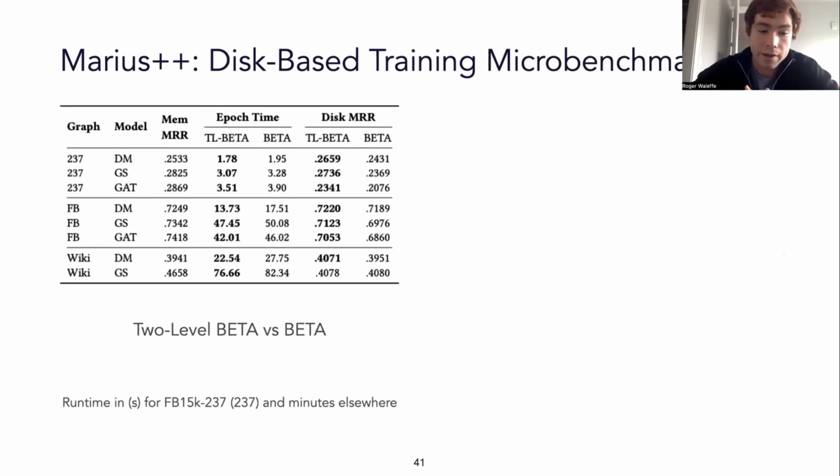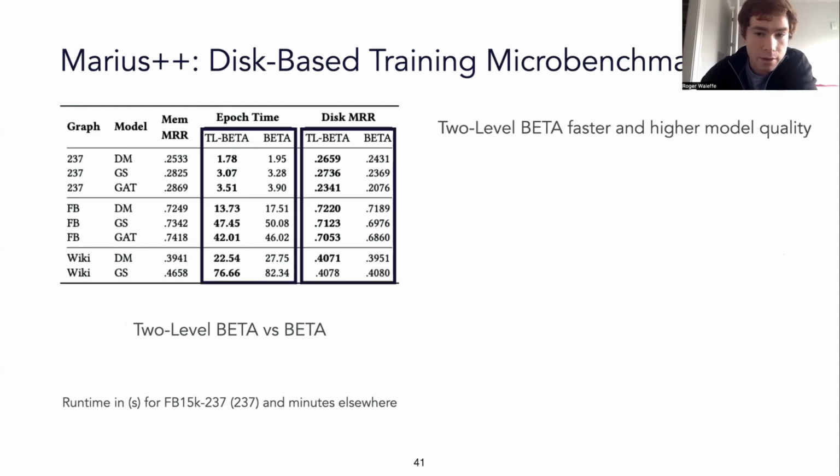So before ending this section on disk-based training, let's look at an experiment comparing the two-level beta policy with randomized training examples to the beta policy alone on physical partitions directly and with a greedy edge processing. So across data sets and models, the flexibility of two-level beta actually allows for simultaneously faster training and higher model quality compared to the plain beta replacement policy.